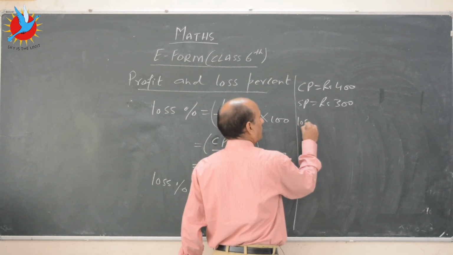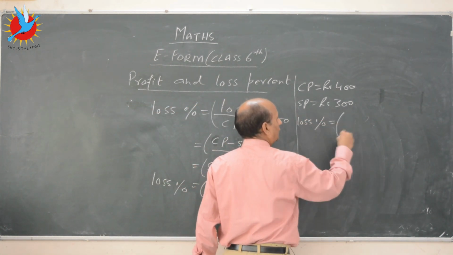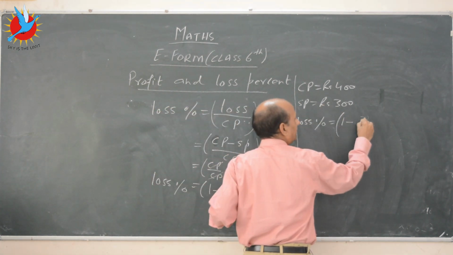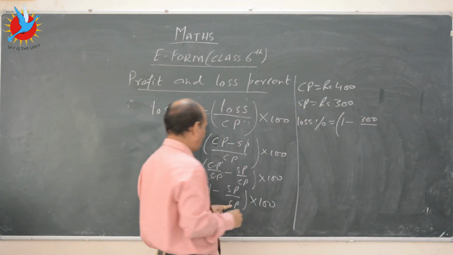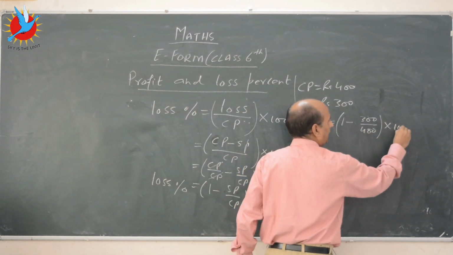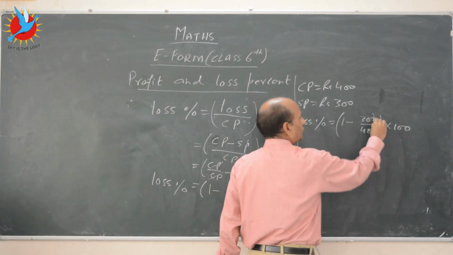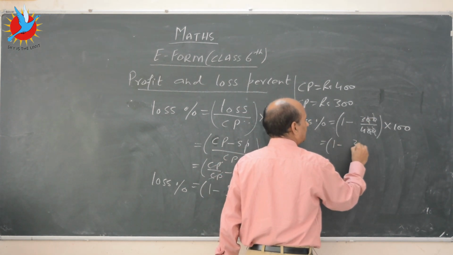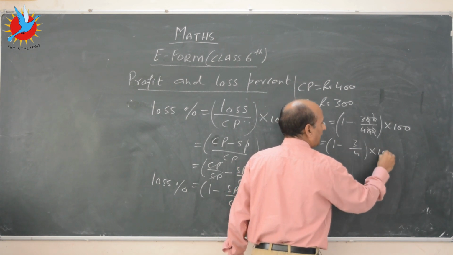Loss percent is equal to 1 minus SP upon CP, multiplied by 100. What is the value of SP? 300. And what is the value of CP? It is 400, multiplied by 100. Cancel these two 0s. It is 1 minus 3 upon 4, multiplied by 100.